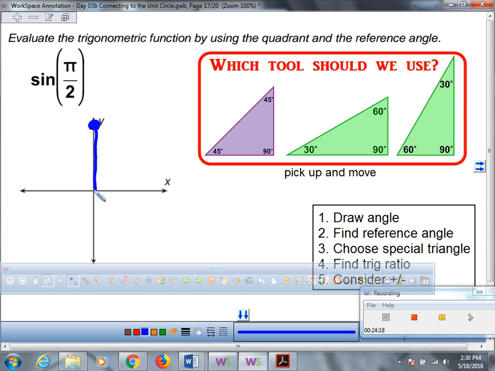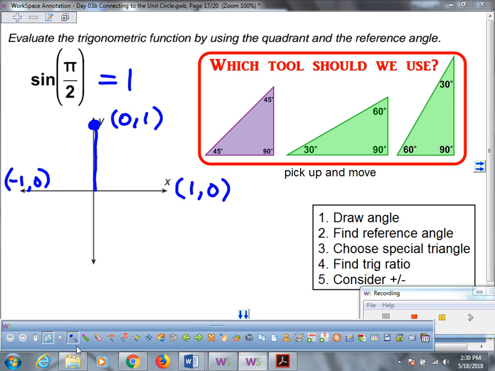Its sine is y, so it's 1. Look at it this way. Aren't the coordinates of this point right here 0, 1? Aren't the coordinates of this point 1, 0? Negative 1, 0? And 0, negative 1, those are the coordinates. Make sense now?